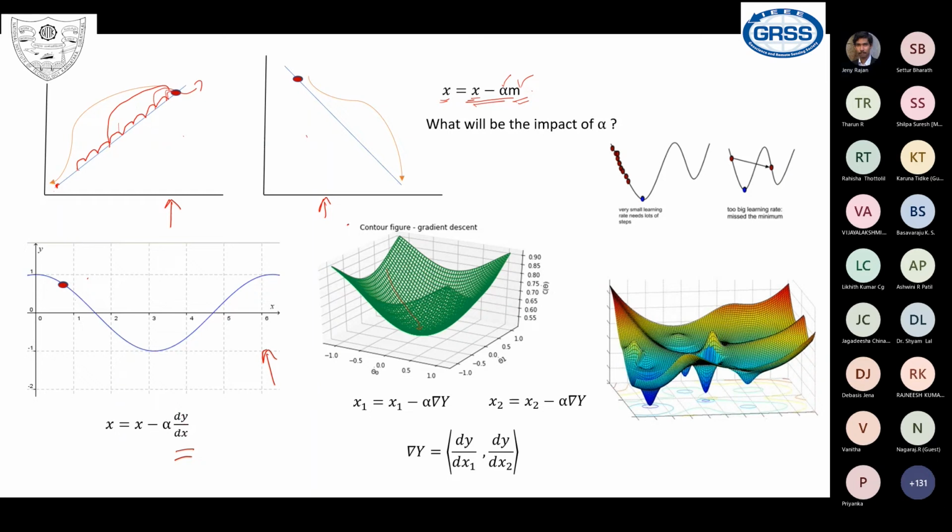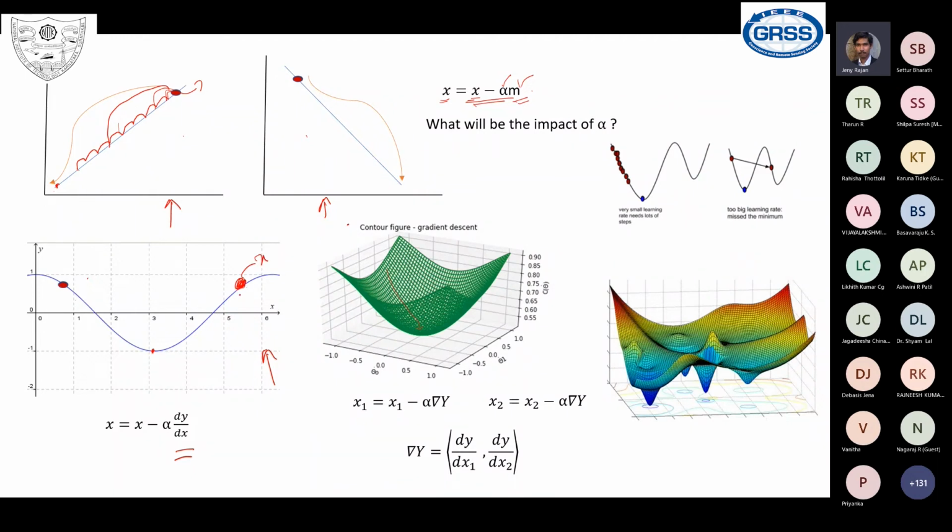So what happens when I reach this point? Just assume that we are starting from here. My current position is x, and I compute the slope.